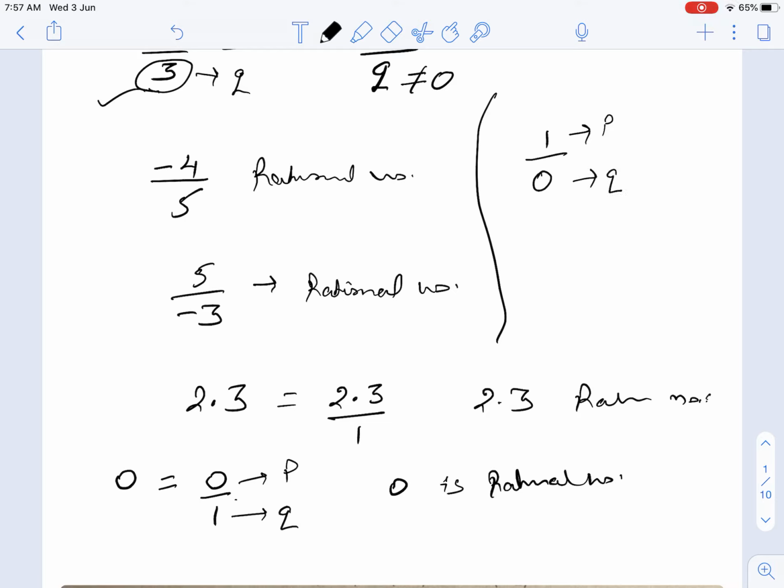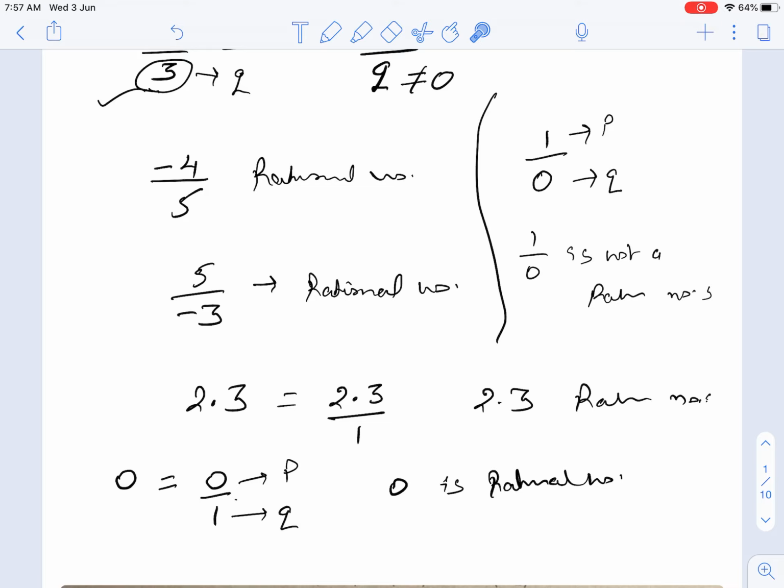What we have learned is that for a number to be a rational number, Q should not be equal to 0, and here we are getting Q equal to 0. So we can say that 1 upon 0 is not a rational number. Moreover, in the previous class we learned that for any number, if the denominator is 0, its value is not defined.